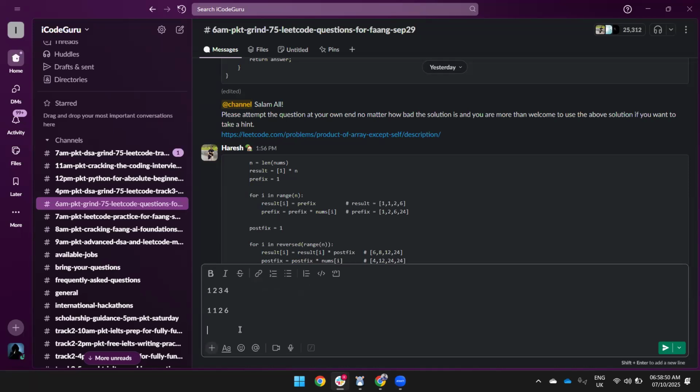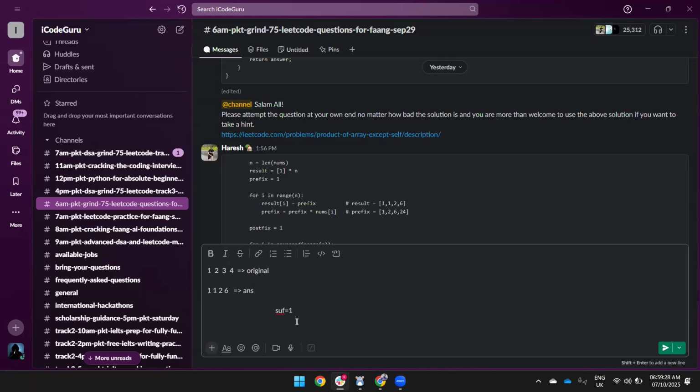After that, we have one variable. We can name it suffix, and we will assign its value to 1. So first we have two arrays: this is the original, and this is the answer array.